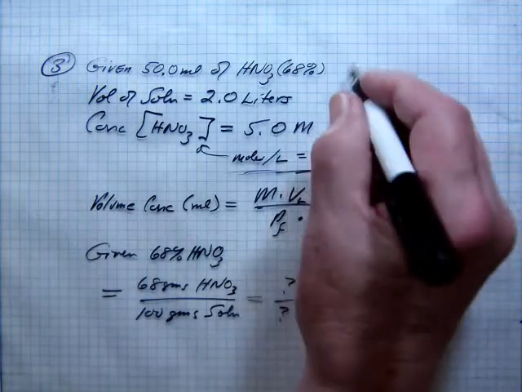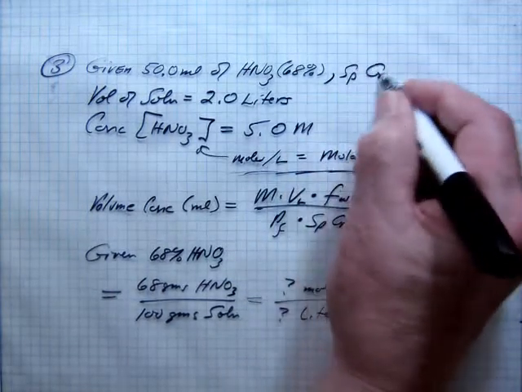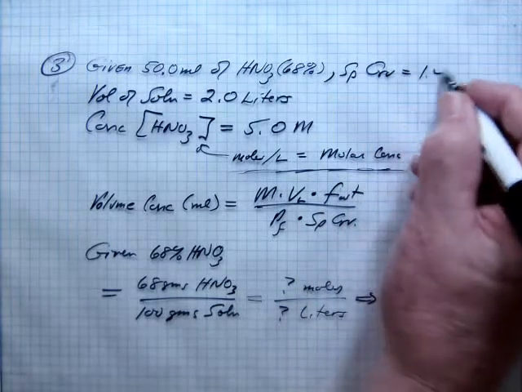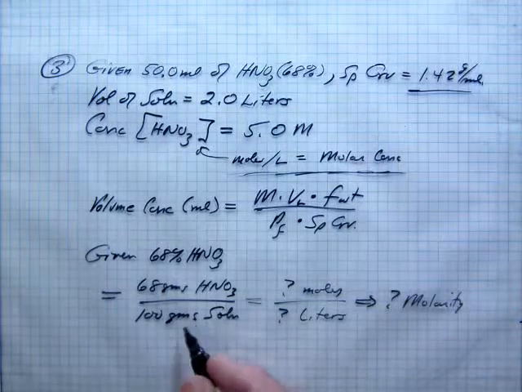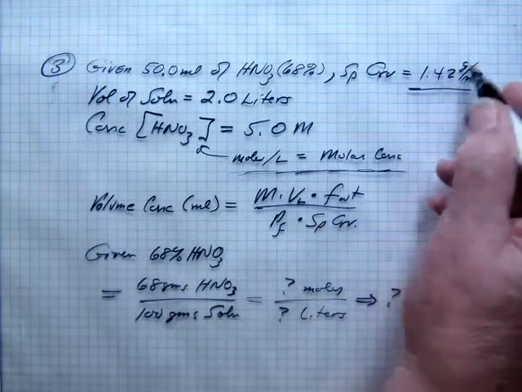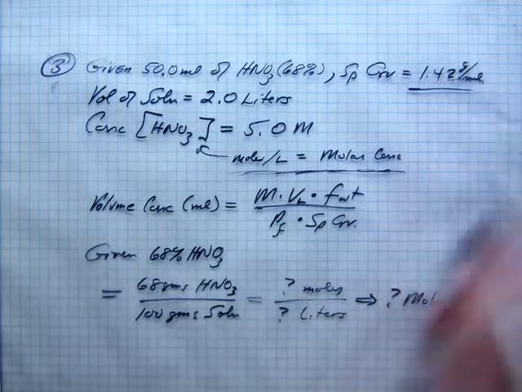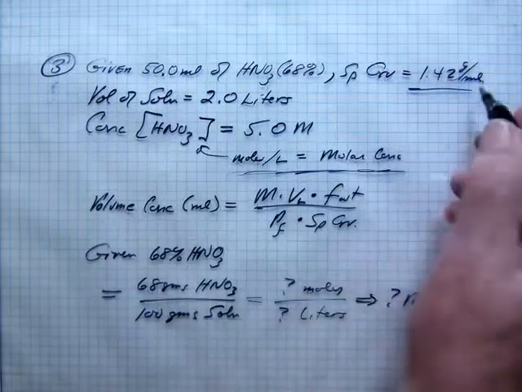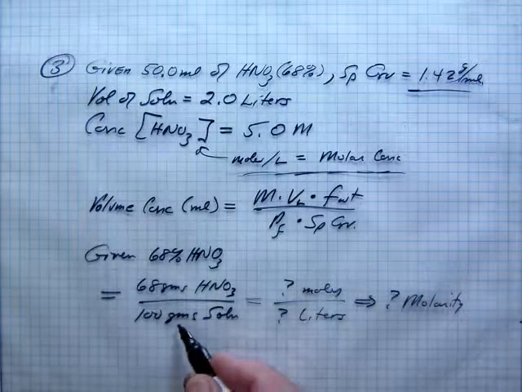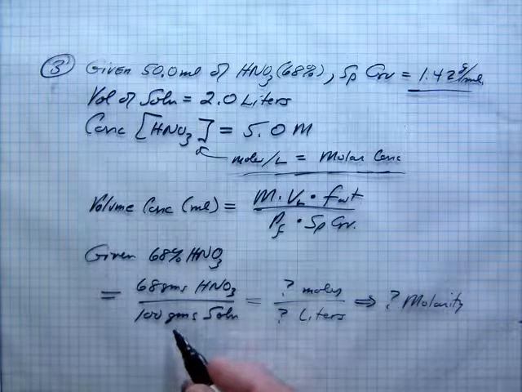Well, you use the specific gravity that they give you. The specific gravity is 1.42 grams per milliliter. You can use the specific gravity term, 1.42, and that will tell you how many milliliters your solution is if it starts at 100 grams, which is just a standard.